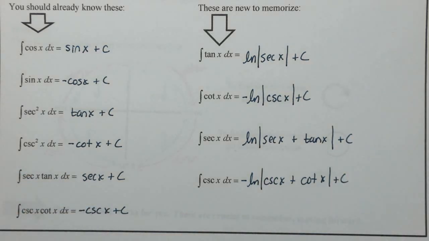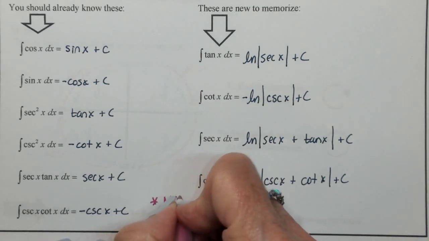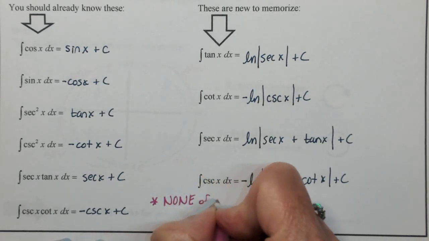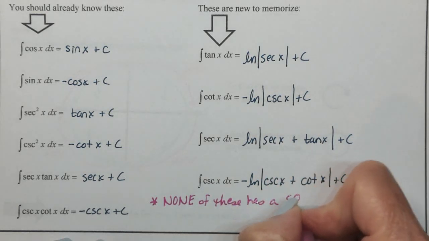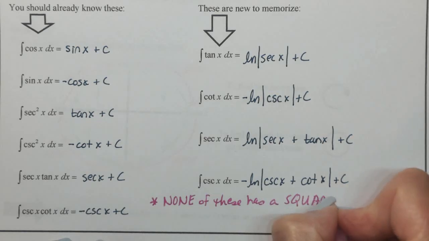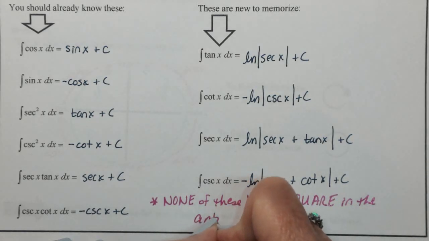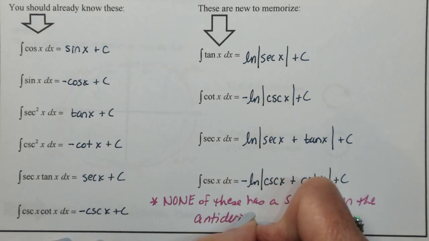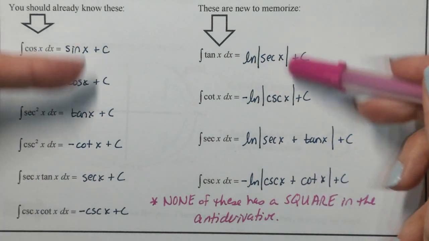Something important to notice here. None of these has a square in the antiderivative. I see squares a lot when I'm giving you guys a quiz, and I'm going to be giving you guys a quiz on this. No squares.